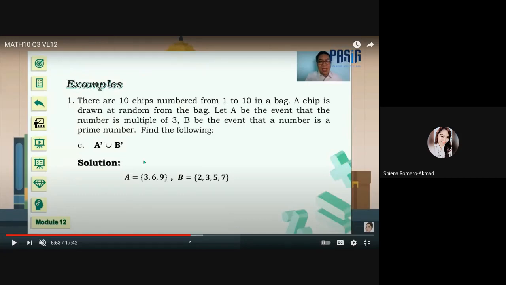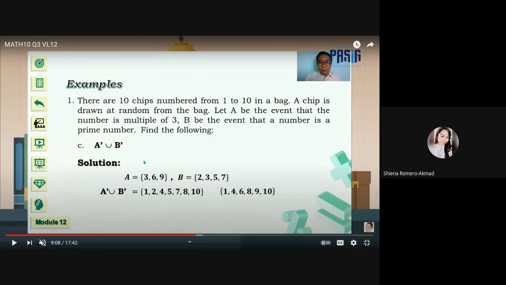How about B complement? 1, 4, 6, 8, 9, 10. Ayan, pinakita niya pala.